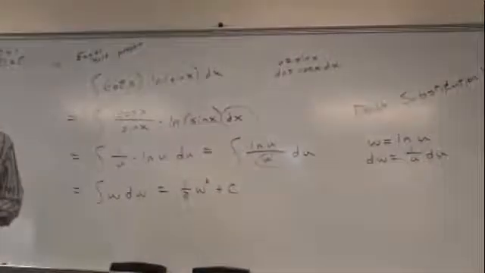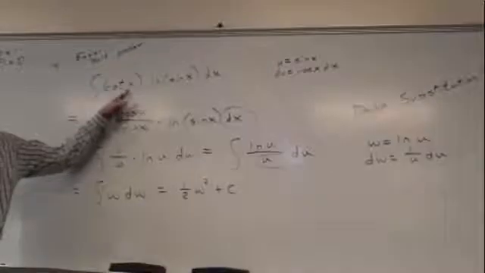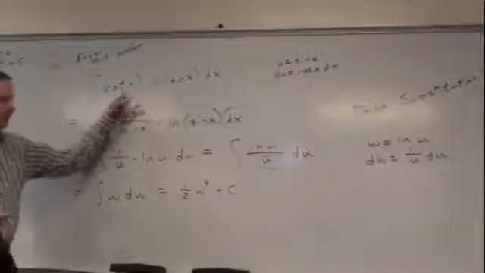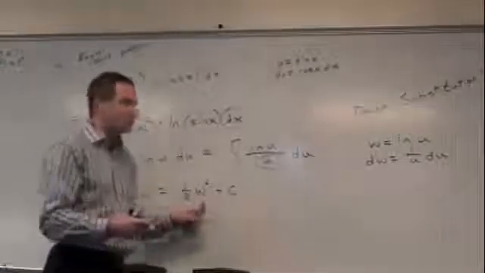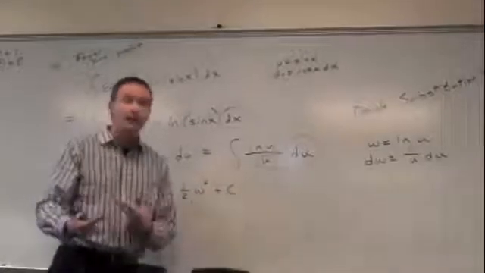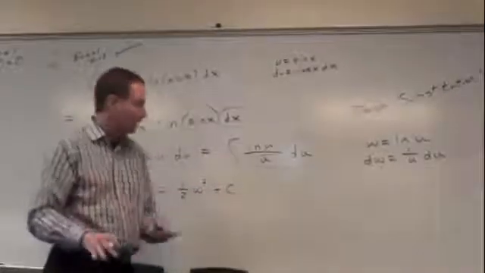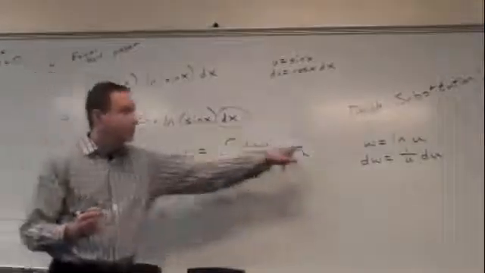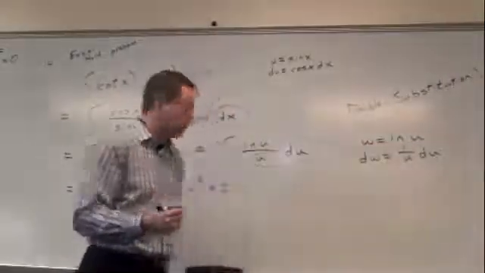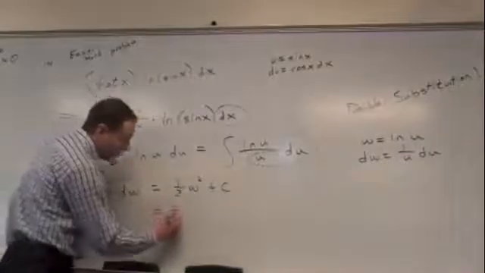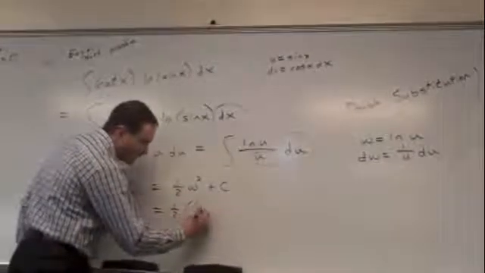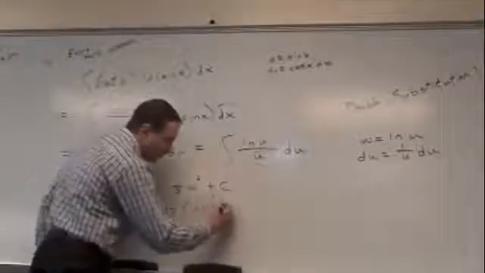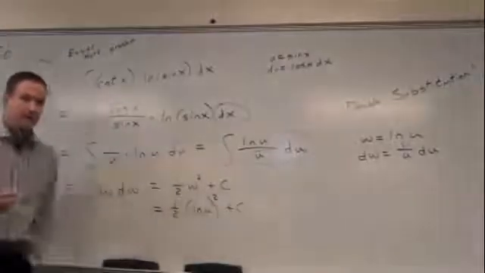Hopefully you're thinking, I would never want to leave my answer in w when it's supposed to be in terms of x. Of course not. I'll go back and back substitute. If you're able to do it all in one step, that's fantastic. I'm going to do it one step at a time and say, okay, but w is equal to the natural log of u. So I can say this is 1/2 the natural log of u, quantity squared, plus c.